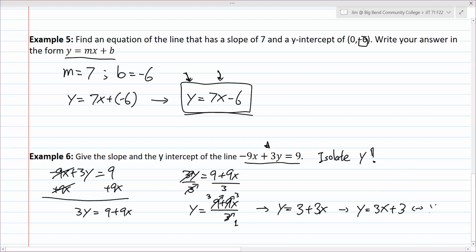Then that equation matches the standard format where y equals mx plus b. This is when you tell what the m and b are. m equals 3 and then b equals 3. Slope and y-intercept.